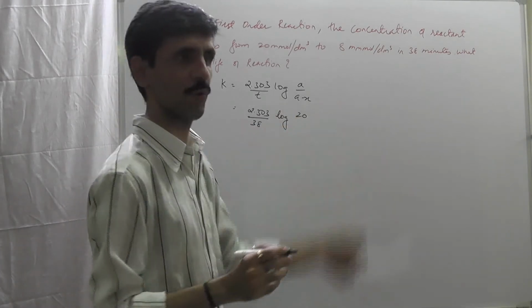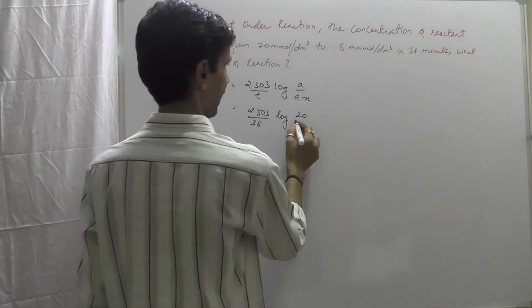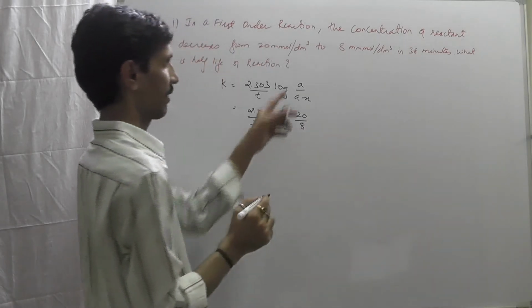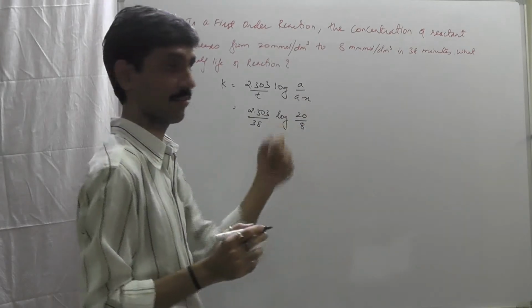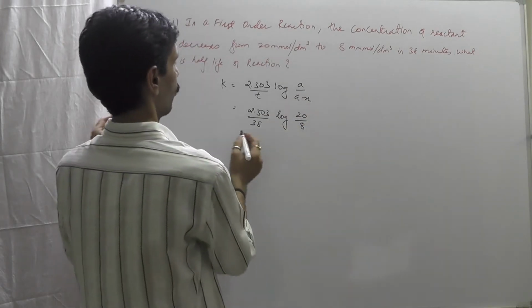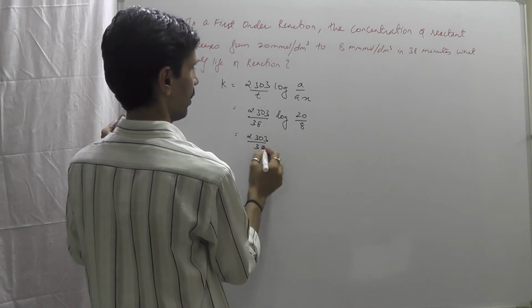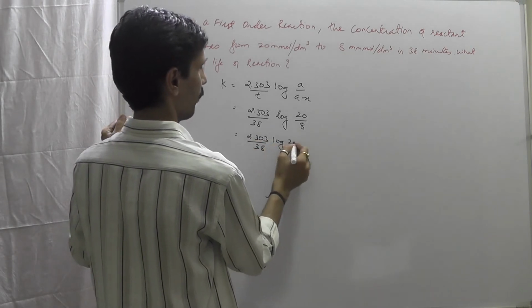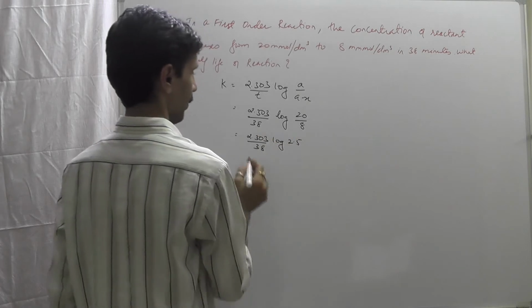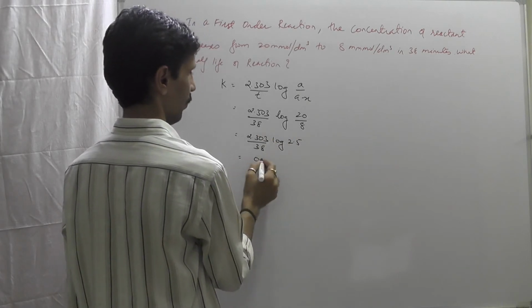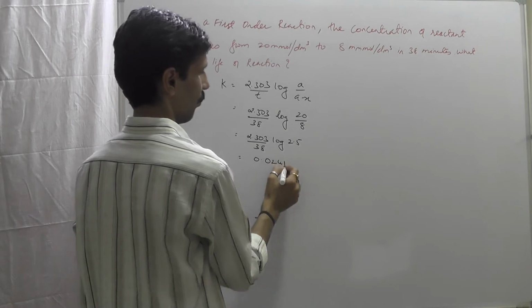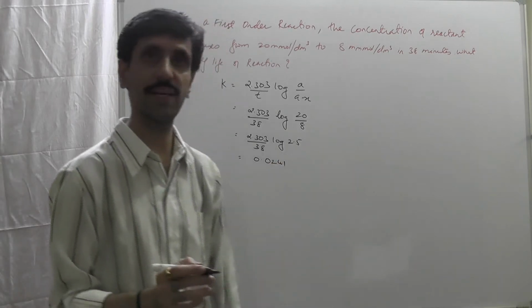So this is 20 and then we have 8. a minus x, 8 is nothing but the concentration which is remaining. So that will be equal to 2.303 upon 38 into log of 2.5, which is equal to 0.0241. This is what we get.